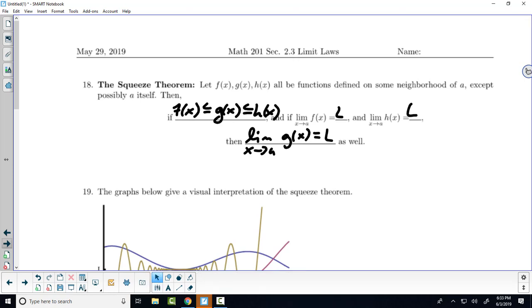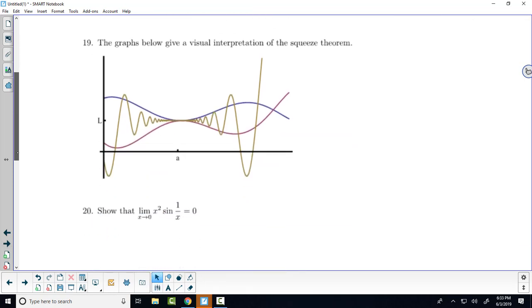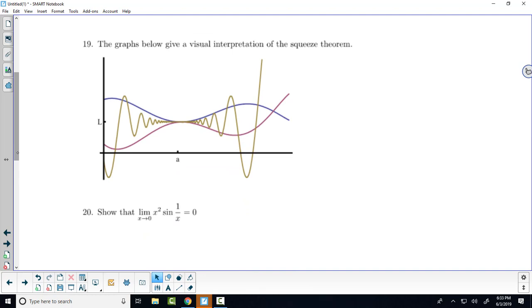So here's a picture that goes with this. Suppose I called the lower function f of x, and I called the upper function h of x, and the crazy function that I'm trying to work with is g of x. Notice that g of x is a very erratic function, right?